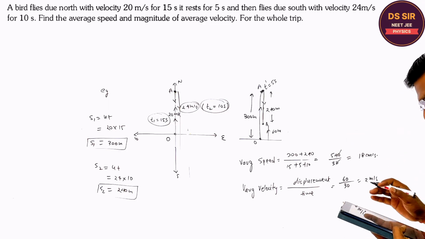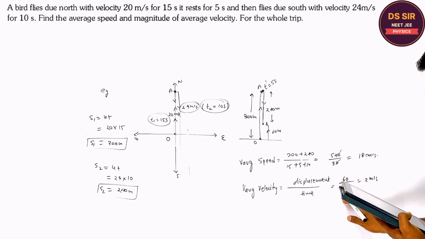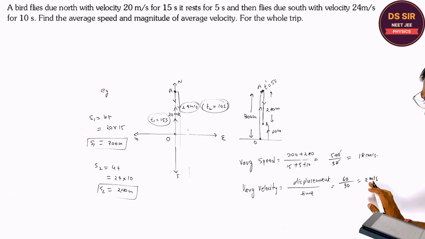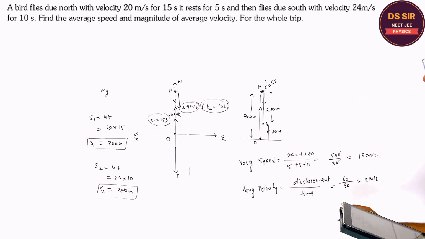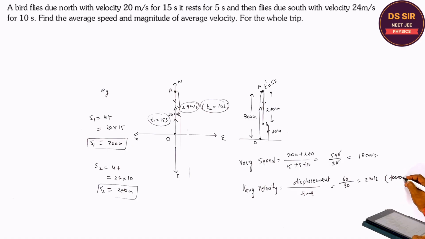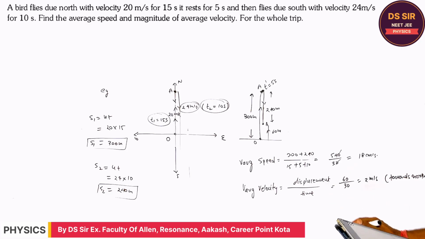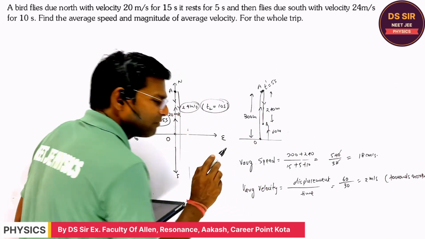And the velocity is a vector quantity, right? Although it is only asking the magnitude. So this is the velocity, 2 meter per second. And what is the direction? Say towards north, right? And this is the speed. This is the average velocity. You understand the difference between the average speed and the average velocity.